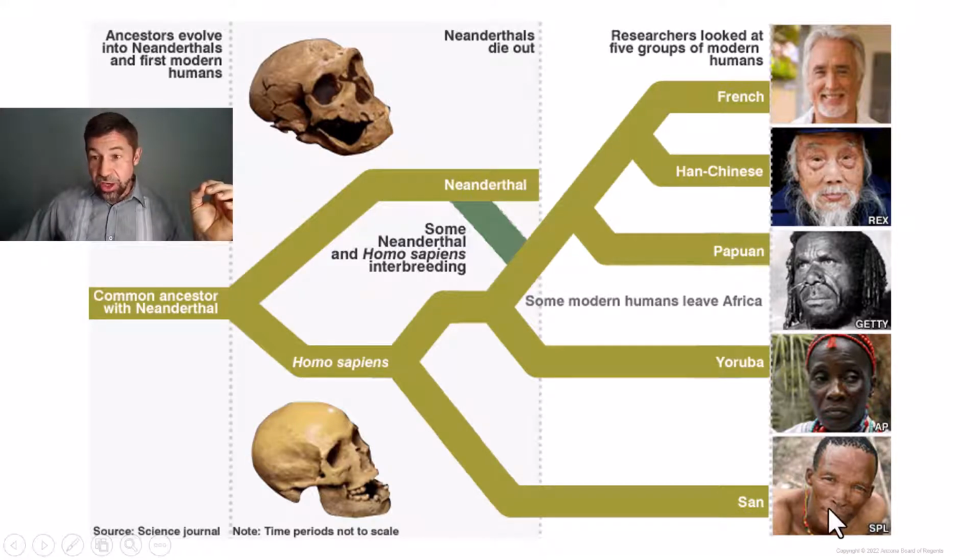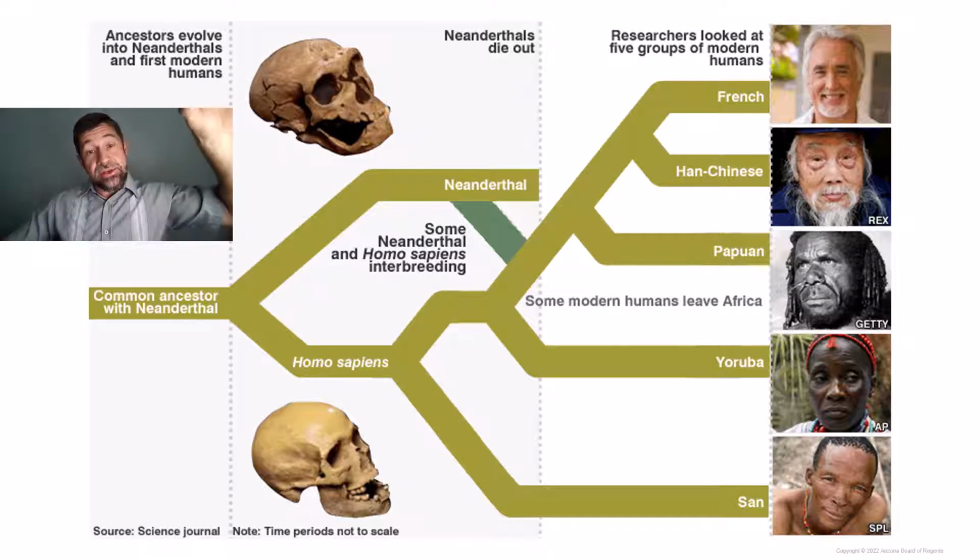Africans, like the San Bushman here, have considerably less Neanderthal DNA, on the order of about 0.5%, and that introgression of Neanderthal DNA into the African genomes likely occurred as Europeans migrated back into Africa.